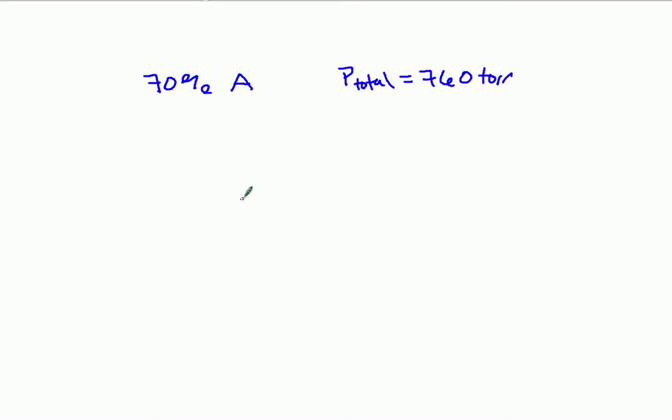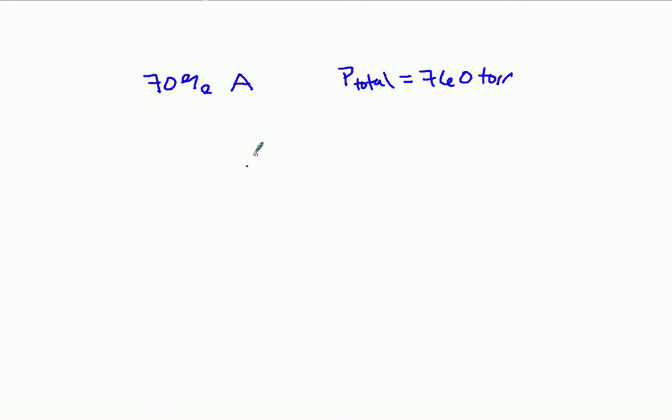If 70% of the gas is A, it doesn't really matter what gas is which. If 70% of the gas is A, then 70% of that 760 torr comes from A. So it's a very simple problem.